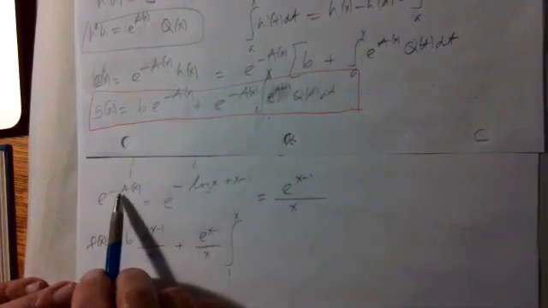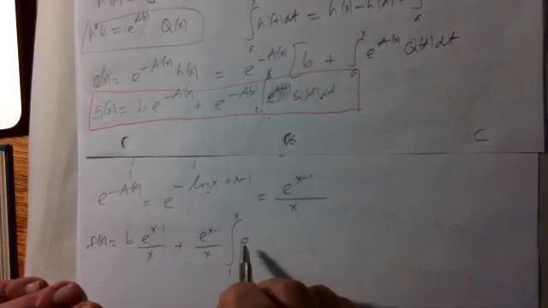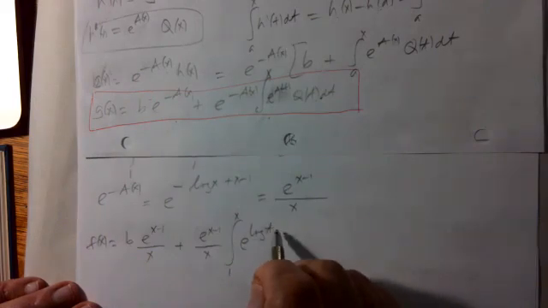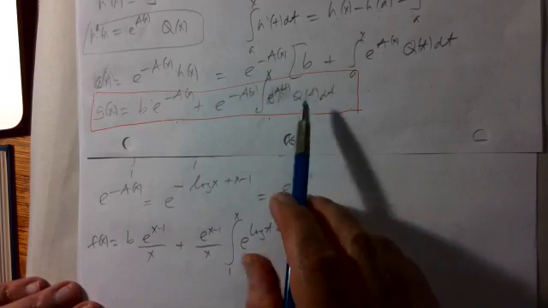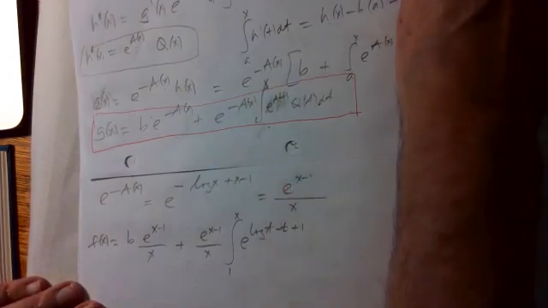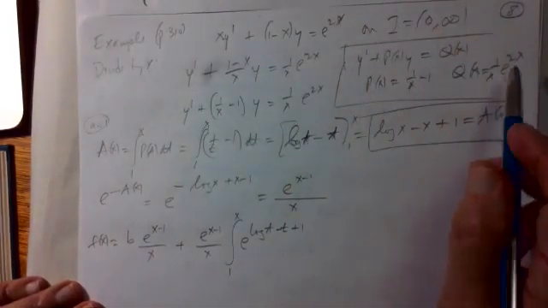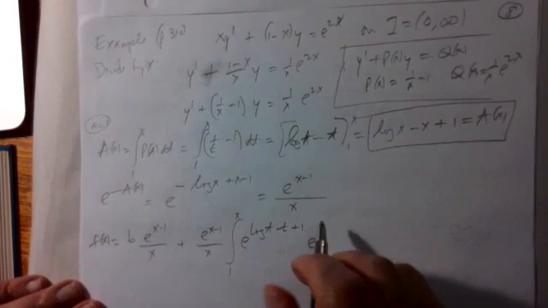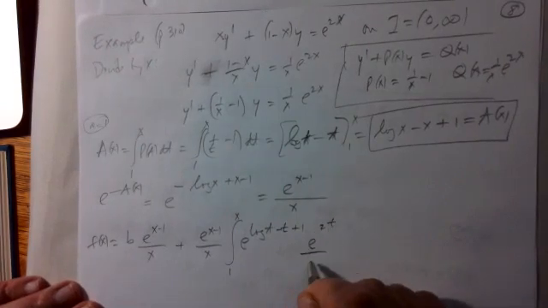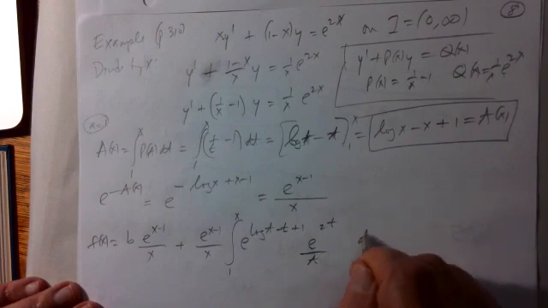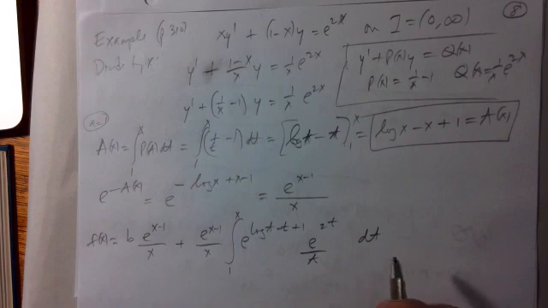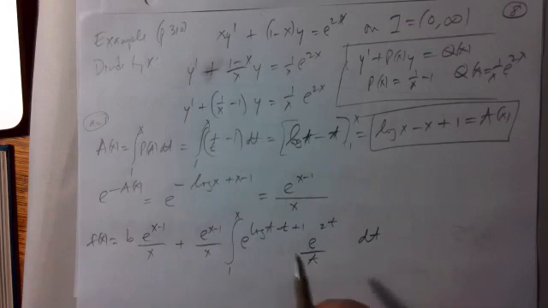Just reverse the signs: this is e to the log t minus t plus 1, times q of t. What is my function q? 1 over t e to the 2t, which makes it e to the 2t over t, dt. E to the log t is t.